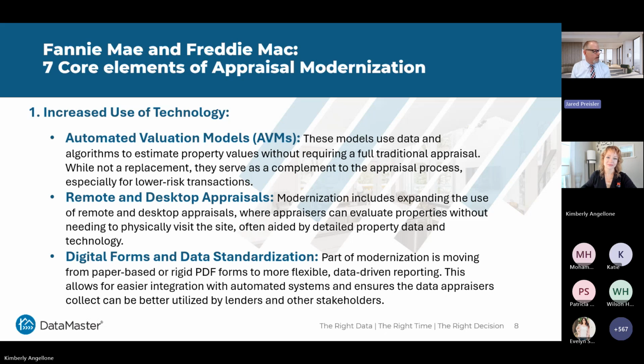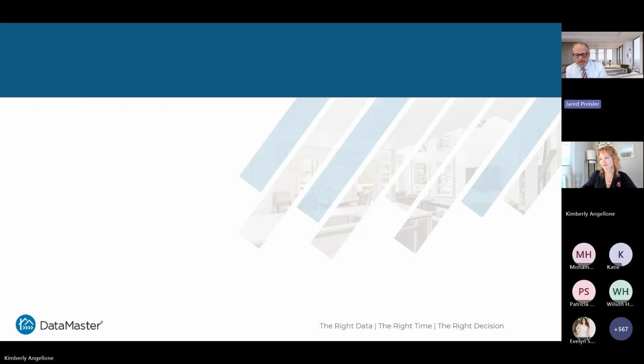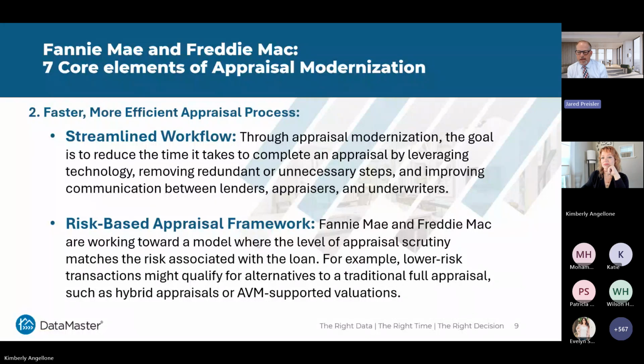Number 2 is a faster, more efficient appraisal process, streamlining the workflow and reducing the time it takes to complete an appraisal. You maybe have heard that in the mortgage industry currently, it takes about 14 to 21 days from loan application to funding. The goal is to reduce that to 48 hours.